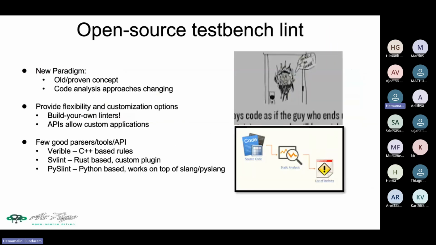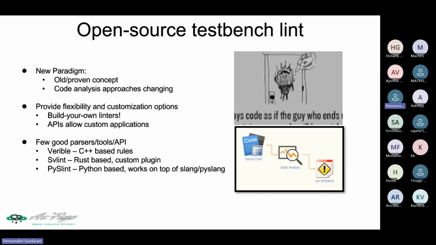Okay, so the open source, this is all about test bench linting, and we understand that it is an old and proven concept. This code analysis approach is changing, and it provides flexibility, and we can customize the options.